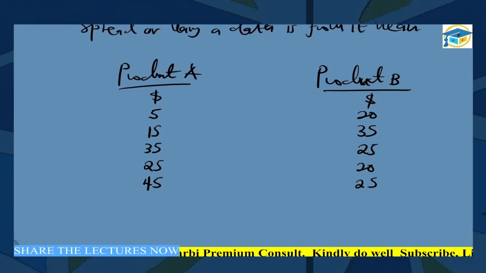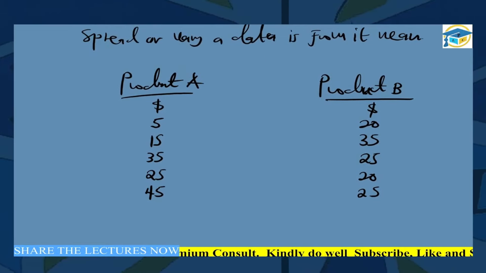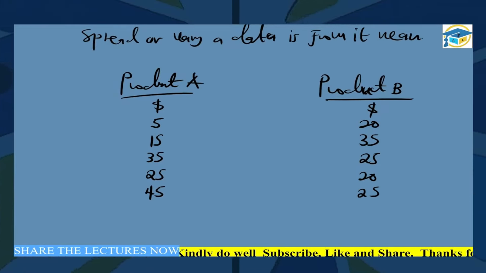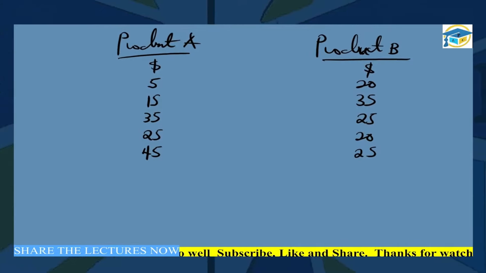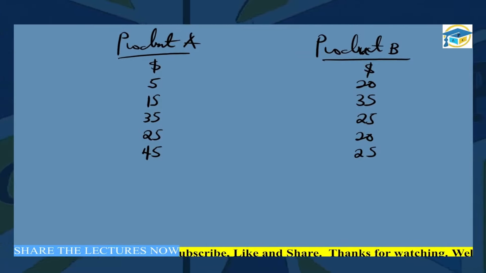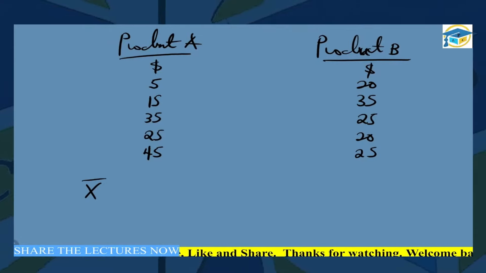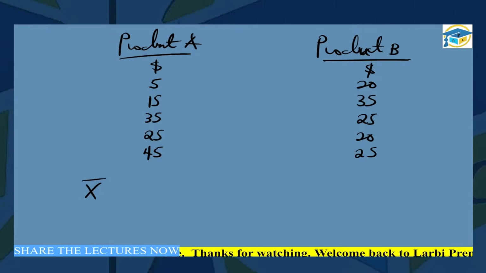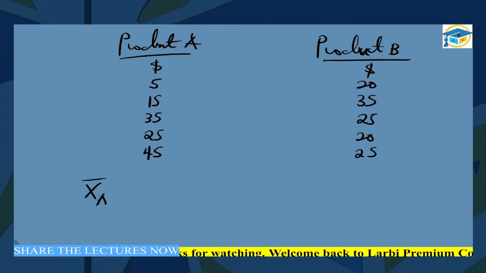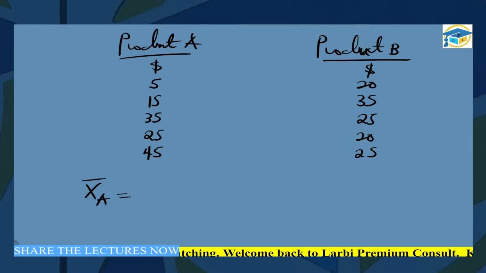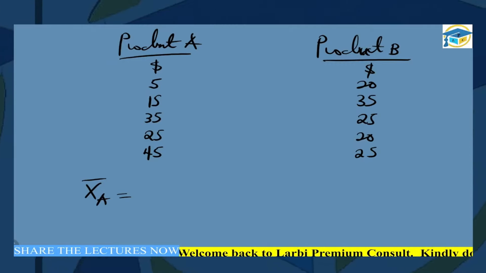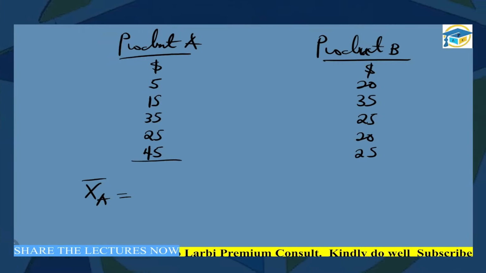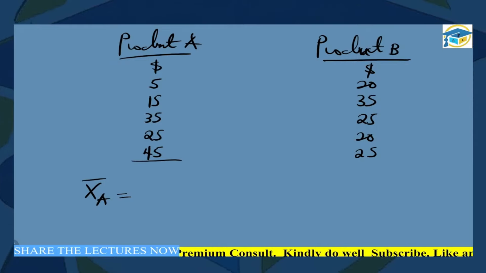For us to know how these products spread out or vary from their mean, first of all, we need to compute their mean or average. From our class on measures of central tendency, you should know how to compute a mean. The mean of the price of product A is the summation of their prices divided by the number of prices under consideration.